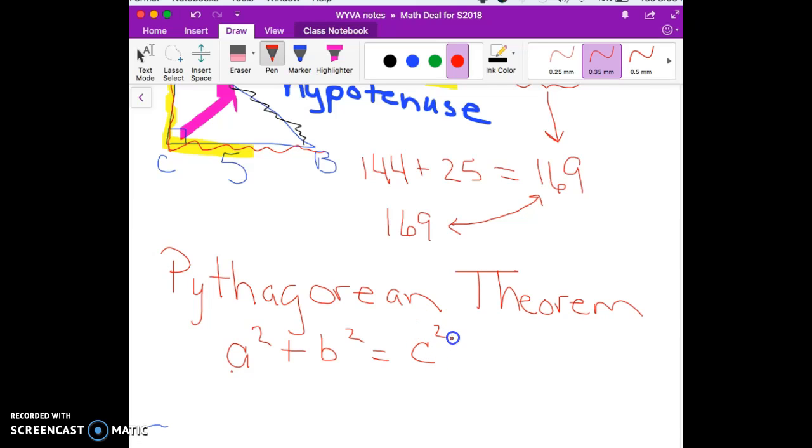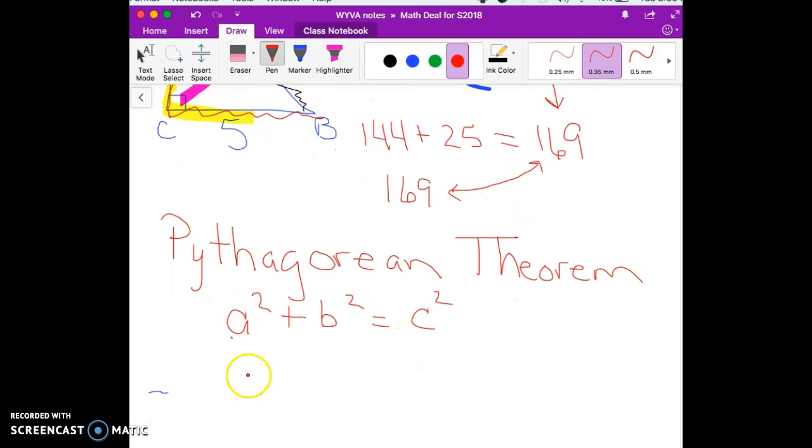That is the most common way to say it. Or, the way I like to say it, the leg squared plus the leg squared. And remember, those are the ones that make the L, equals that hypotenuse squared.